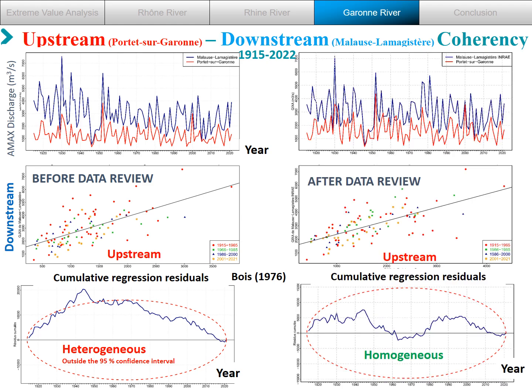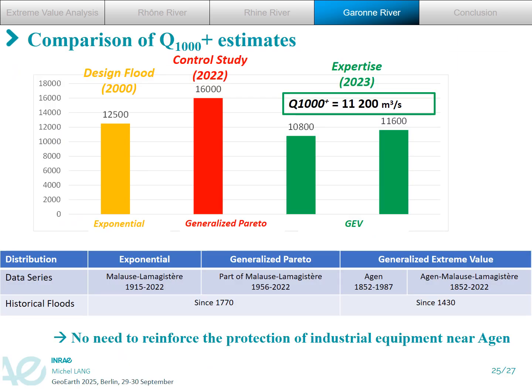And now we apply the same test, but with the corrected series Malause-La Magistère. We can see that the corrected series is now considered as coherent with the Portet-sur-Garonne series. Here we compare the estimation of the Q1000 plus flood in orange using a Gumbel distribution on a heterogeneous series, in red using a GEV distribution on a small homogeneous series, and in green using a GEV distribution with corrected series and historical data since 1413.